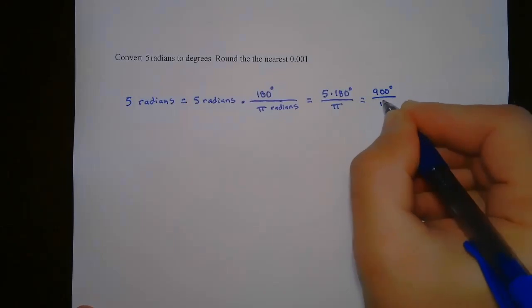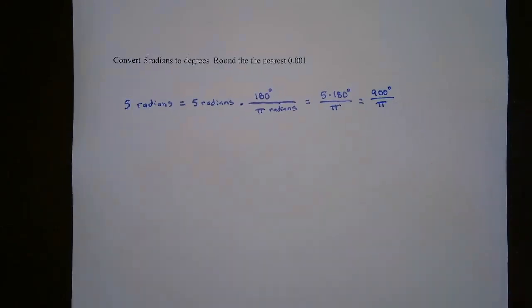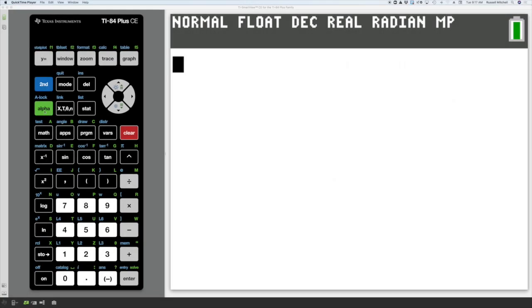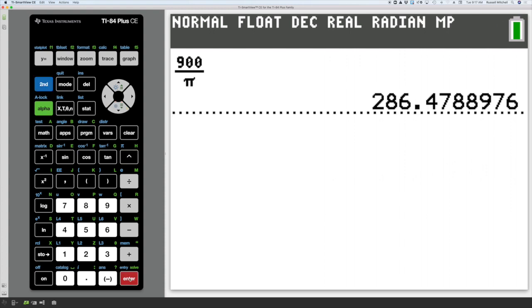divided by pi. So now we're going to go to our calculator and put 900 divided by pi and see what that comes out to be. We'll type in 900 over pi, and we get 286.4788, so 286.479 degrees. Okay, we're going to go back to our paper and write that down.